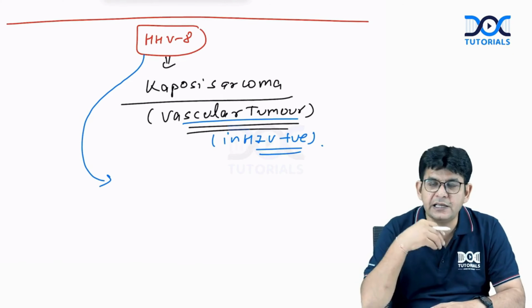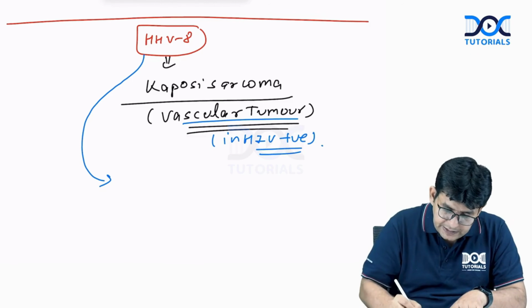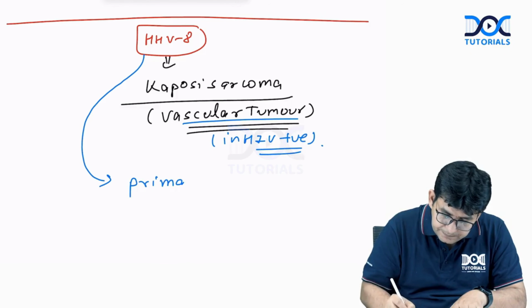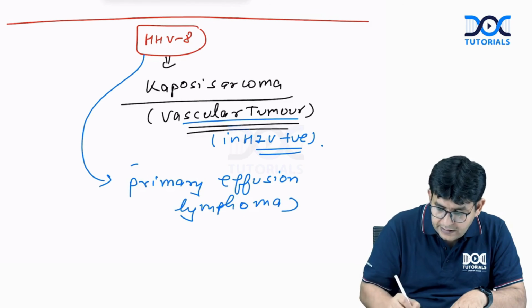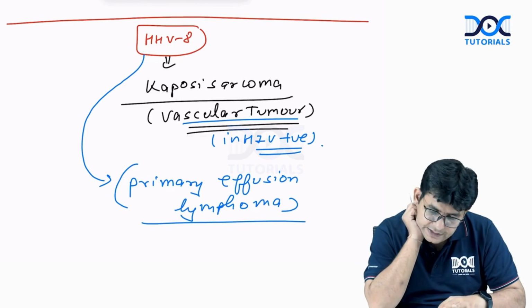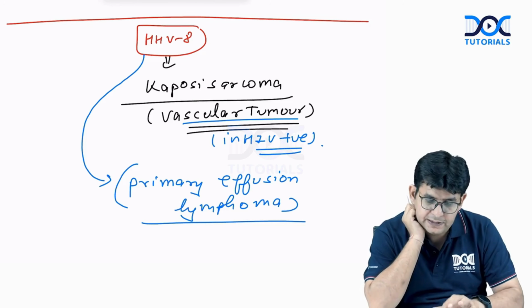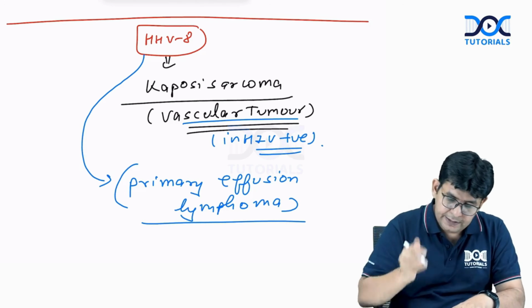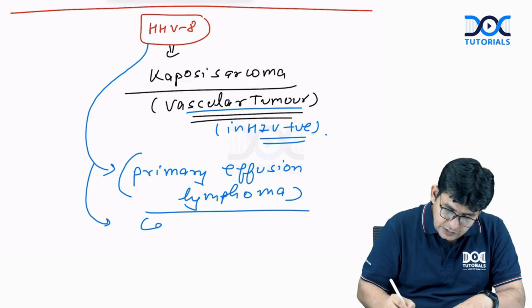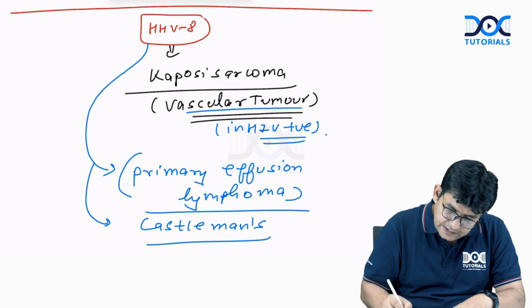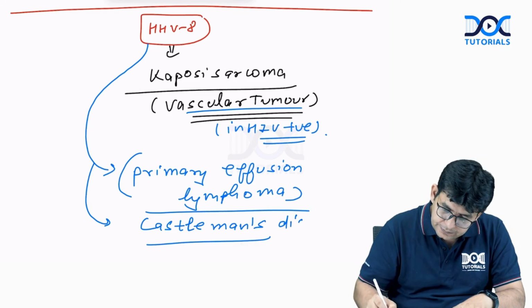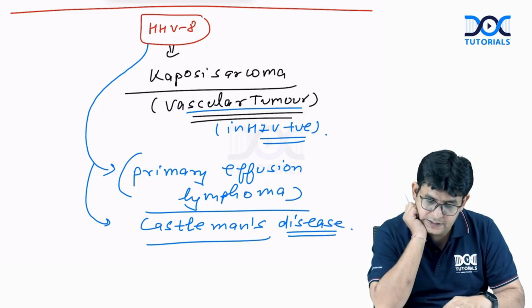Now everybody knows about Kaposi sarcoma. What they have started asking is what else it does. It is involved in causing primary effusion lymphoma, that is also being done by HHV8, and it also leads to Castleman's disease.